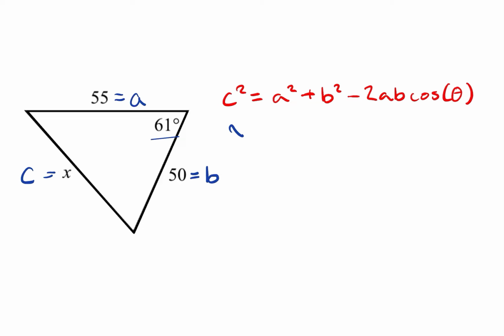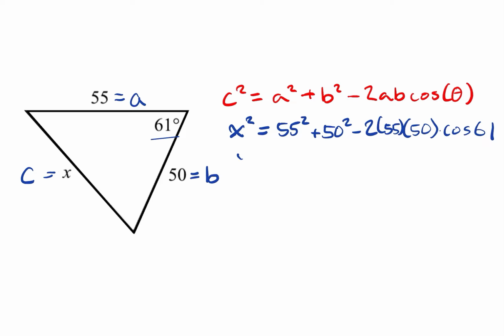So we're getting x squared is equal to 55 squared plus 50 squared minus 2 multiplied by 55 multiplied by 50 multiplied by the cosine of 61. And now all we have to do is solve this equation.